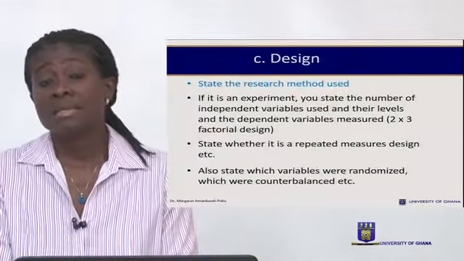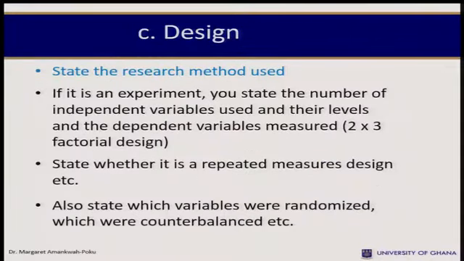Then the third subsection of the method section is the design, and the design states the research method that you used. So you can start by saying whether it was a qualitative research or a quantitative research. This section is optional. You can choose to omit it, but especially where you conducted an experiment, it's important that you state the exact design that you used.